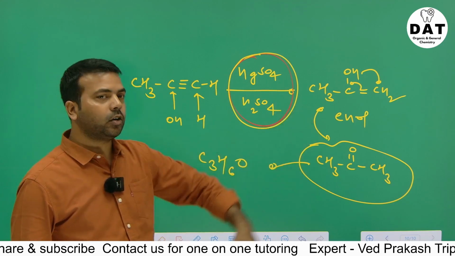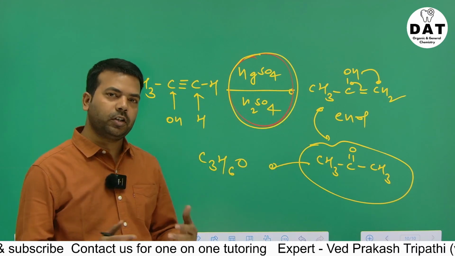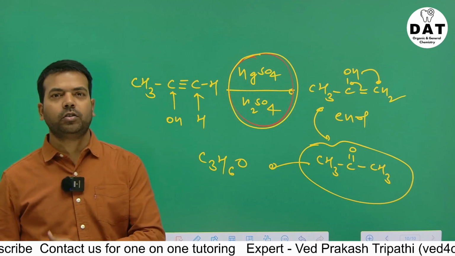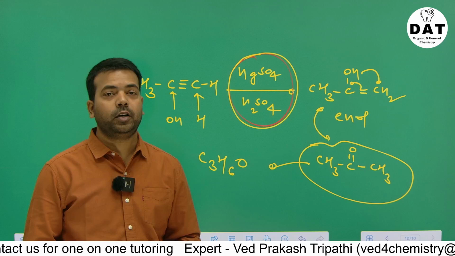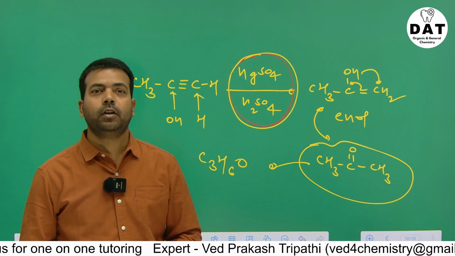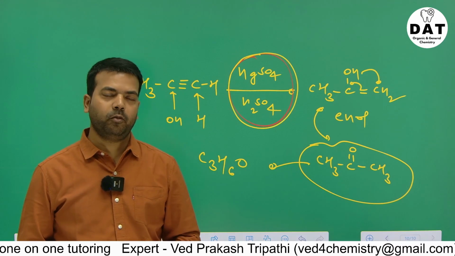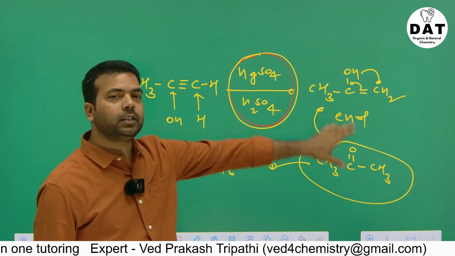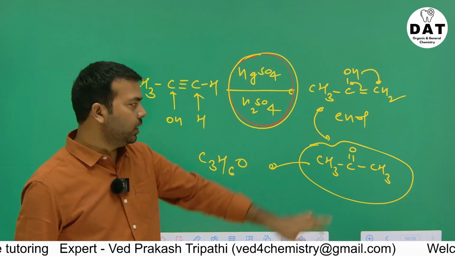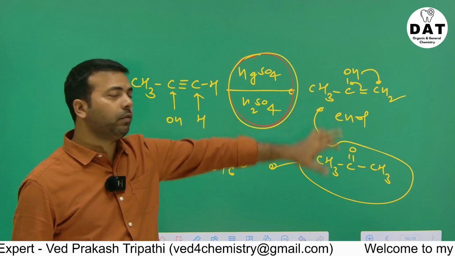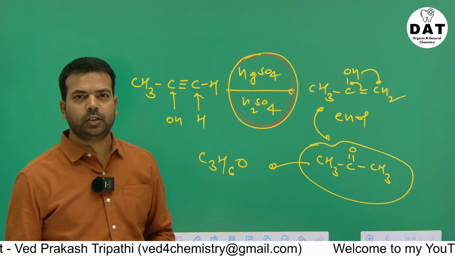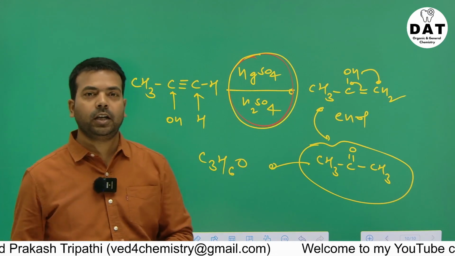So they both are constitutional or structural isomers, and this is a part of tautomerism, and tautomerism is a special kind of functional isomerism as well. Why? Because we have a difference in functional group. Here we have a ketone, here we have alcohol or enol, you can say. So these two have different functional groups. So we can say this one is a kind of functional isomer at the same time.